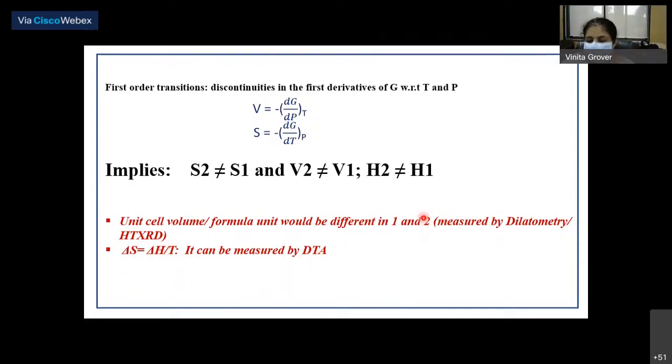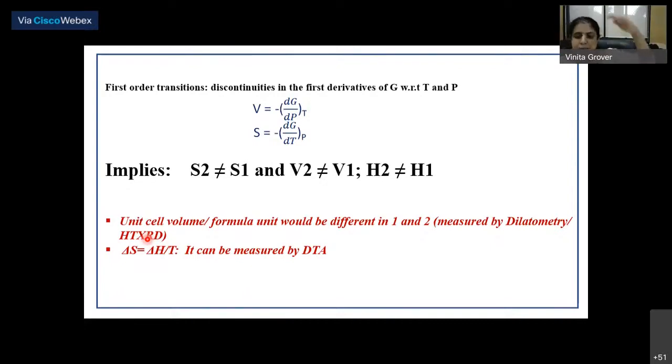How do we measure the volumetric changes? I don't know whether you know about the techniques, but we can do it by high temperature XRD. I just told you about high temperature XRD in terms of order disorder. What it does is, you put your sample in the XRD machine and program it to record XRD at every 25 degrees, 50 degrees or 100 degrees, whatever.